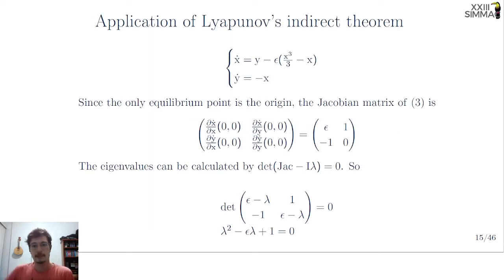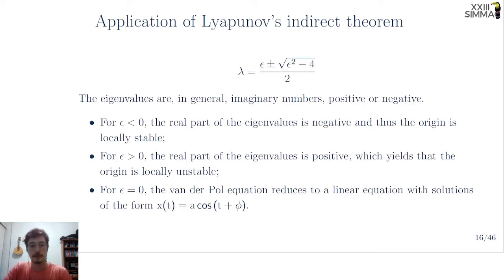The qualitative study. Here we have our van der Pol system, and we can see that the only equilibrium point is the origin, so the Jacobian matrix is given by this matrix. After calculating its determinant, its eigenvalues are given by this relation. For negative epsilon, the real part of the eigenvalues is negative, so the origin is locally stable.